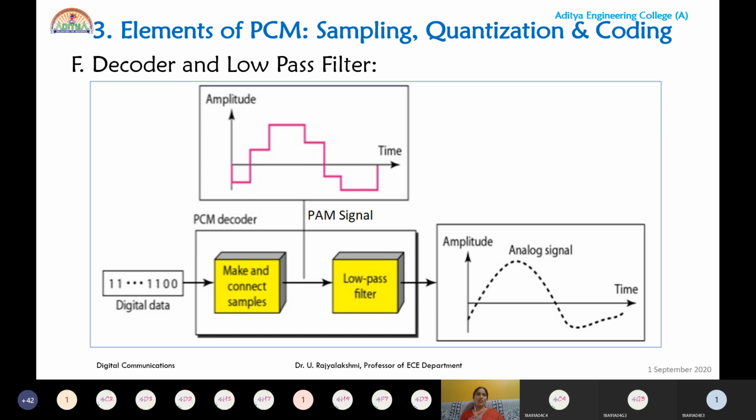The number of frames is based on the number of bits per sample, and then the particular frame value is converted into analog voltage.